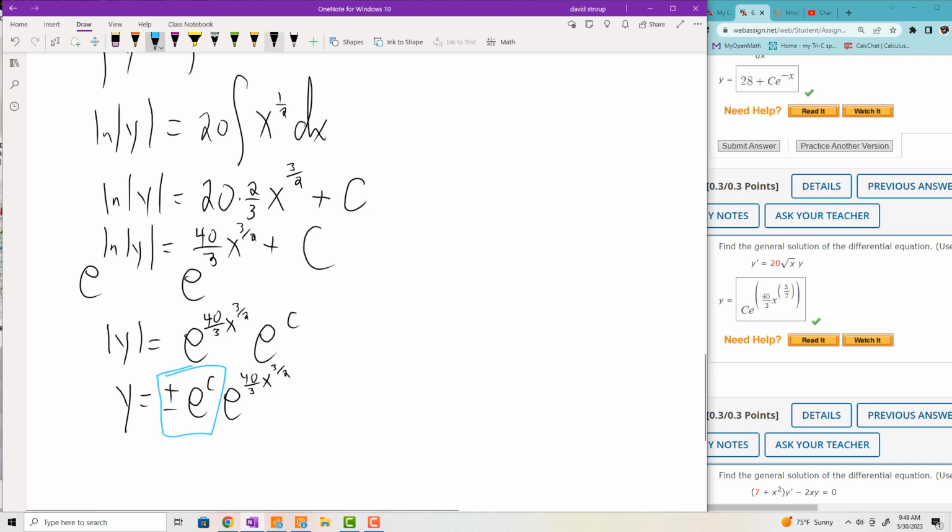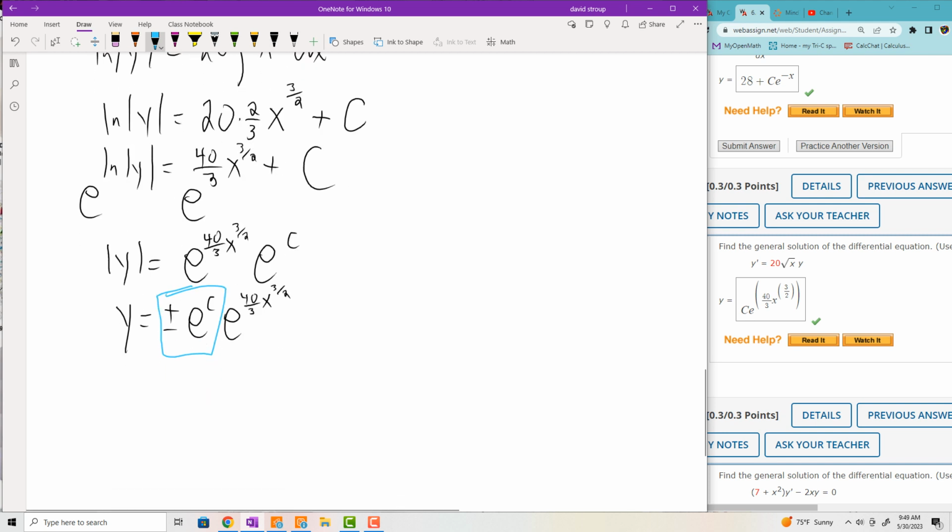Replace that big ugly plus minus e to the c with a c. Okay. And then we have a final answer.